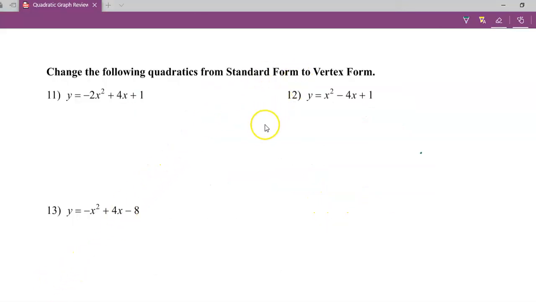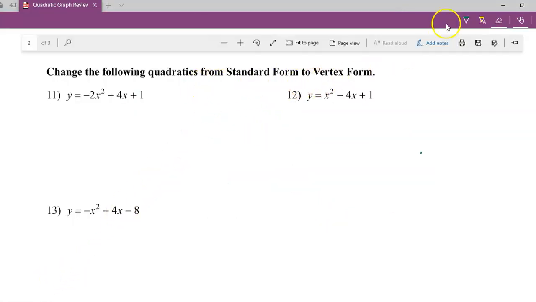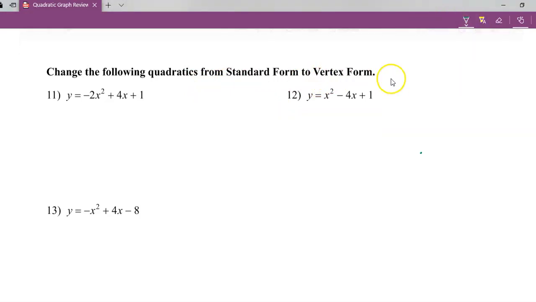All right, so now in this part we're going to change the following quadratics from standard form to vertex form. So remember, vertex form is a times x minus h squared plus k. And in this equation, we are going to be finding a, h, and k. Remember, a is the same a that's in front in ax squared plus bx plus c.